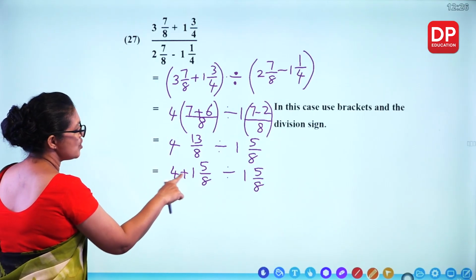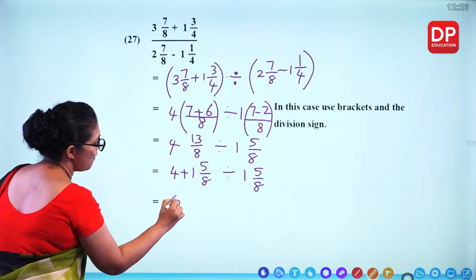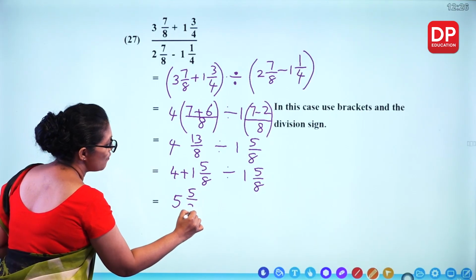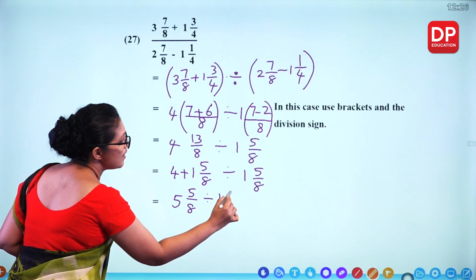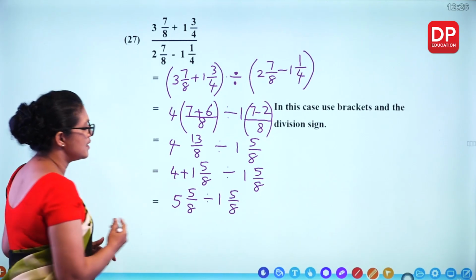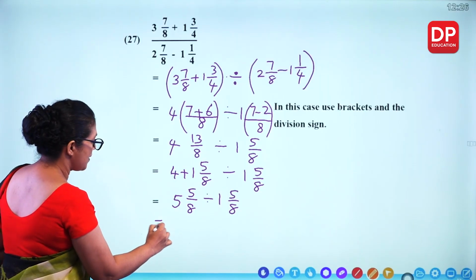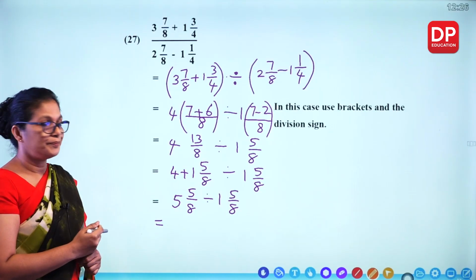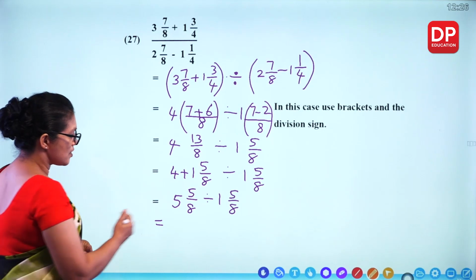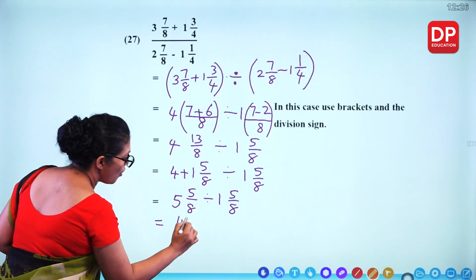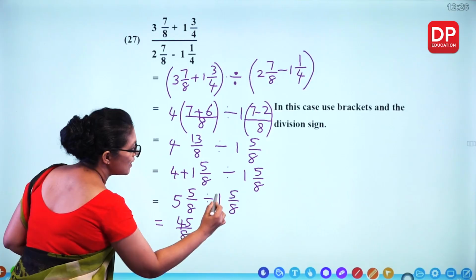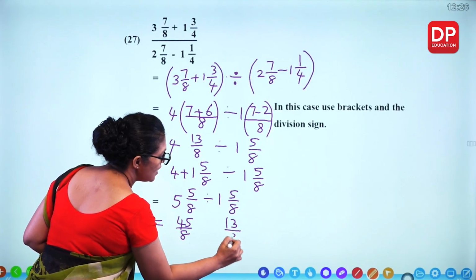So when you do addition, 4 plus 1, 5. 5 and 5 over 8 divide by 1 and 5 over 8. Now convert to improper fractions. 45 over 8, 13 over 8.